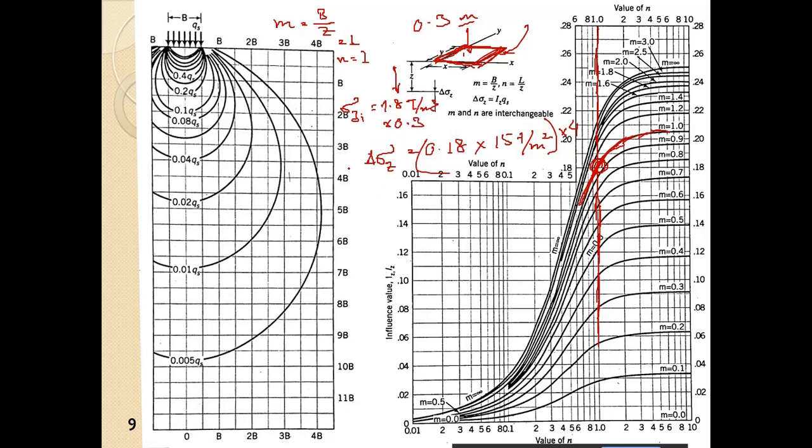So ultimately the total pressure at this depth z, sigma z, is equal to sigma zi plus delta sigma z.